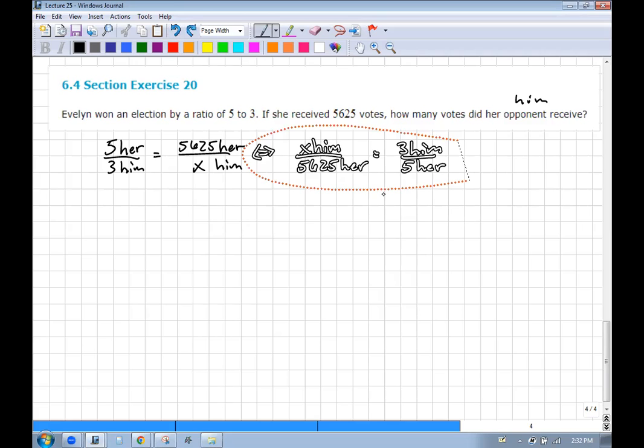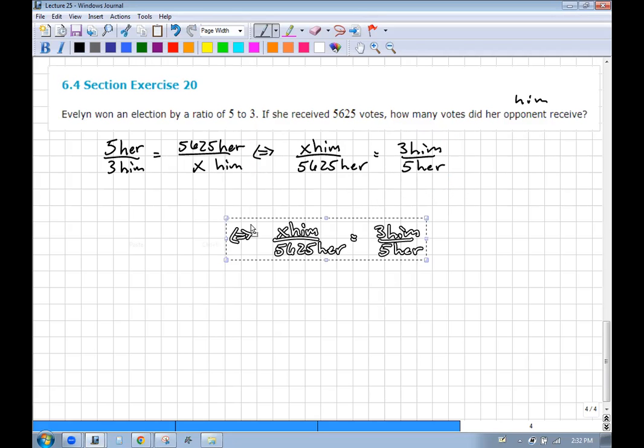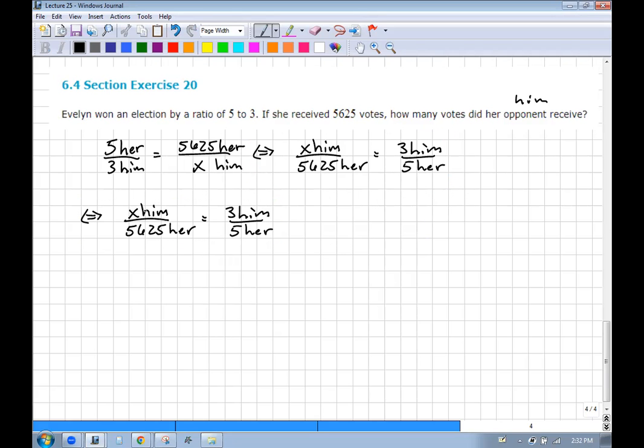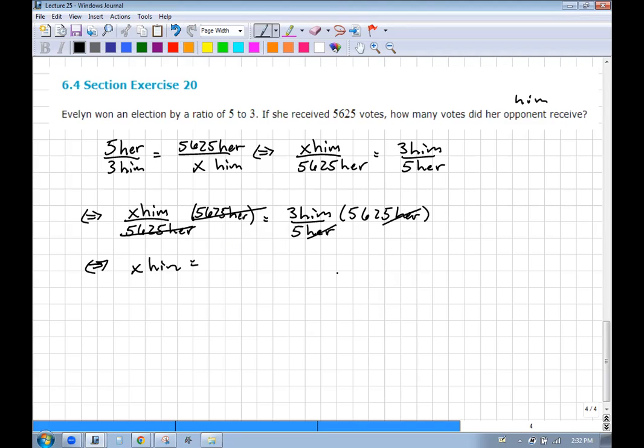And then from here, since we're trying to get the X, let's see, how can I do this? It's divided by this thing, so let's multiply both sides by 5,625 her. So those cancel. There's X him equals, so over here, the hers cancel.